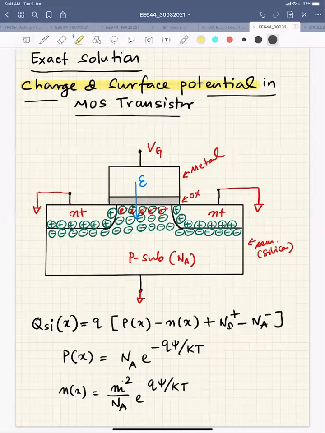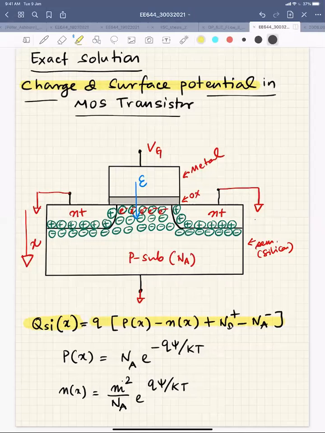Here this is my x direction, and your charge is varying in the x direction. We can write the total charge in the silicon with a standard equation.